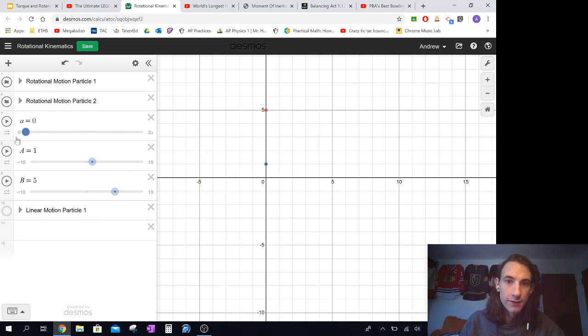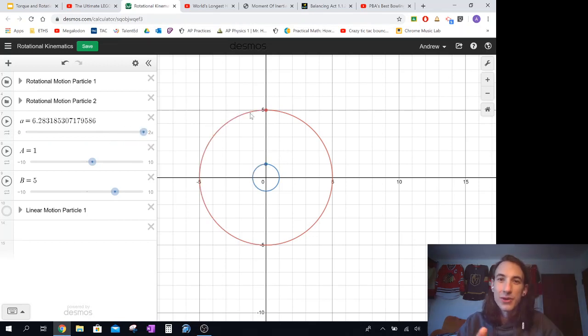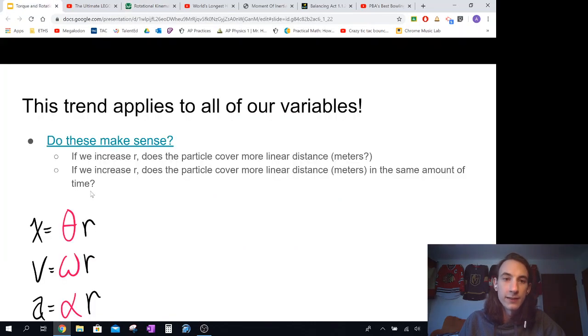If we look at both of these, the red one and the blue one, both are going 2 pi radians, but the red one definitely covered more distance. If we think about unraveling the circle, it went a lot further in terms of meters. So they both covered 2 pi radians, but this is tied to the radius. If our radius increases, then our linear distance traveled in meters went up. So that checks out.